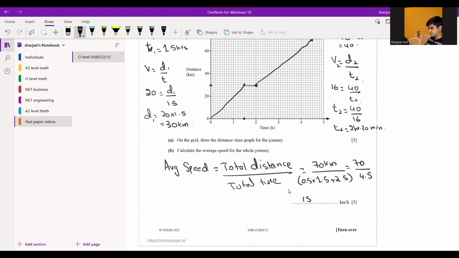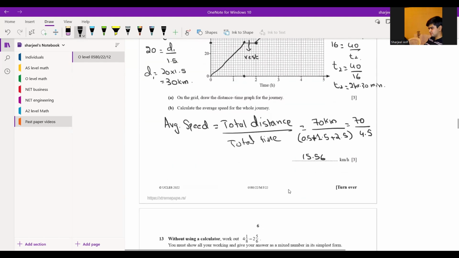So the final answer will be 15.56. We have to mention this region as well. It was on rest, but this part should be included during the whole journey, right? So to find the average speed, we have to find total distance over total time. So remember to add this part as well. So our average speed will be 15.56.